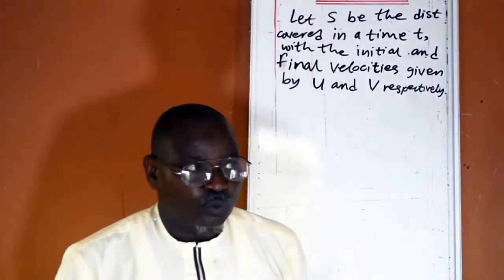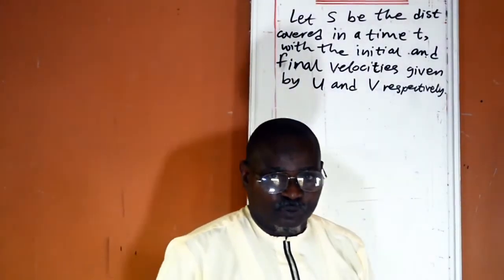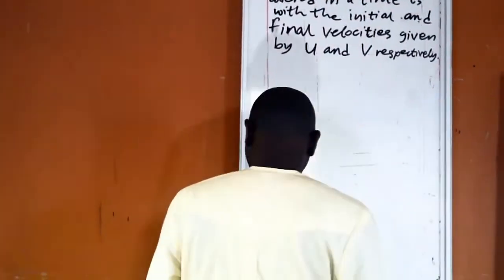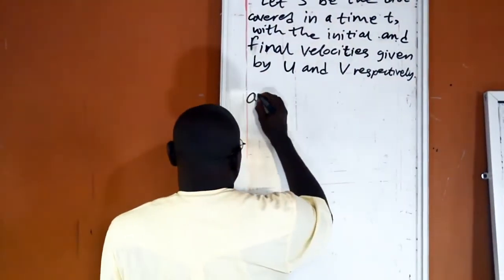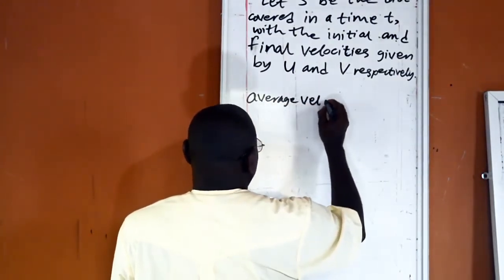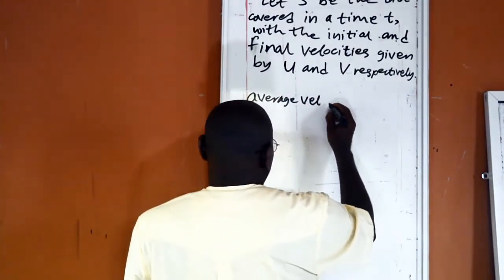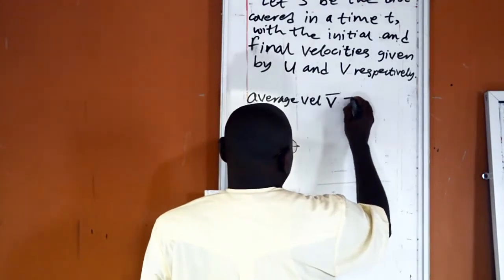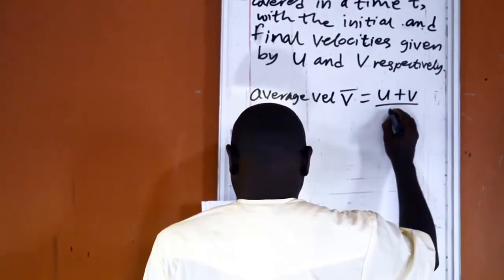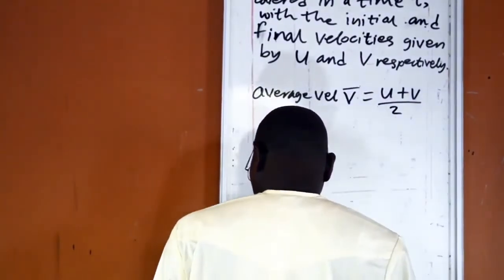The same thing when you want to find the average of 2 velocities. So average velocity will be given by (U + V) all over 2.